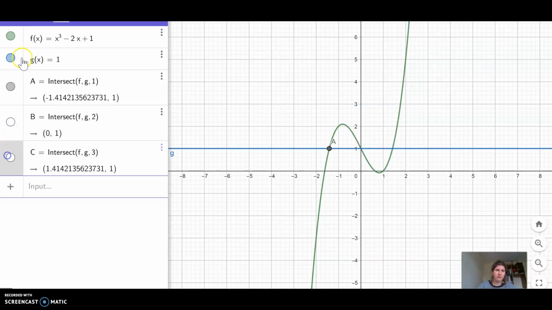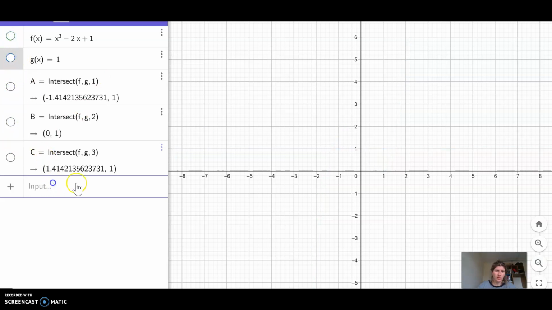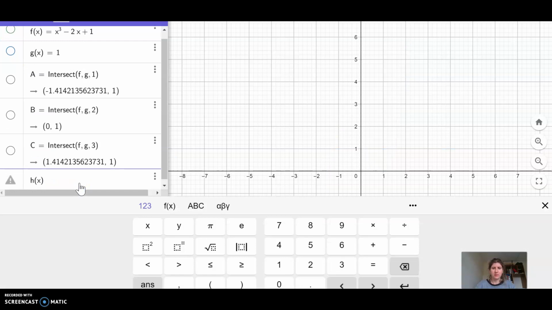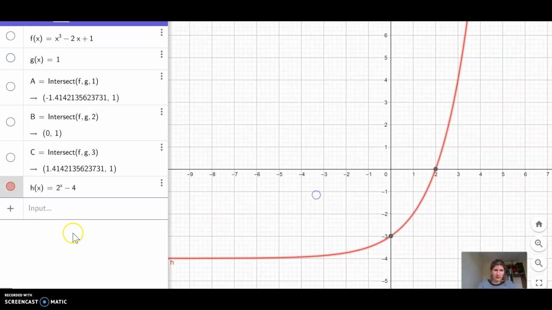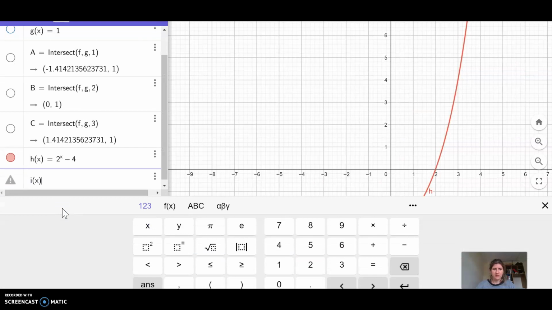I'll just turn all these off. So we say h of x this time equals 2 to the power of x minus 4. So that's what my original graph would have looked like. Then I'm going to put in i of x equals 8.